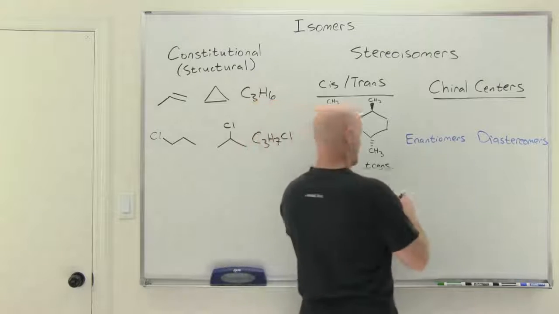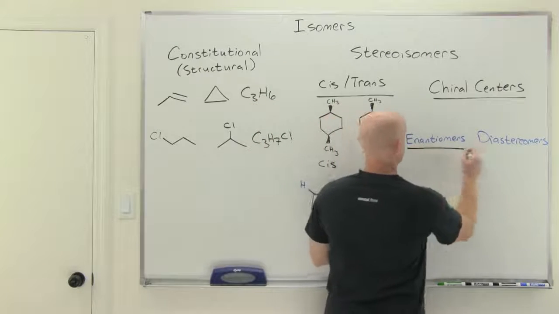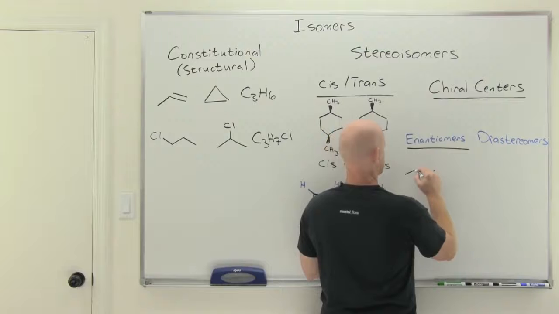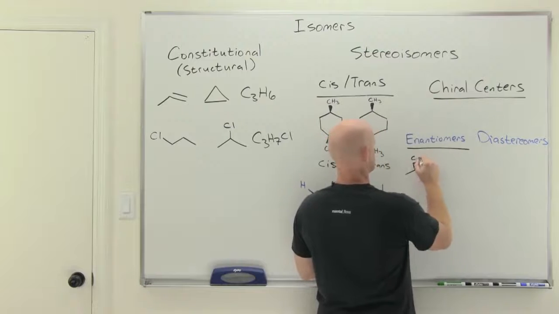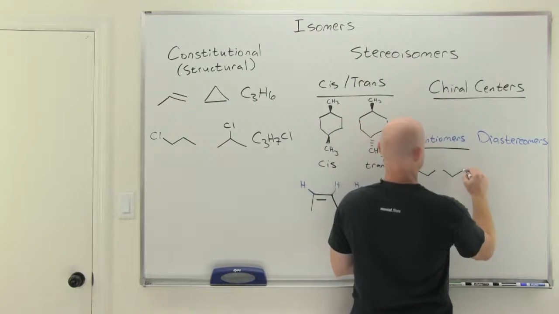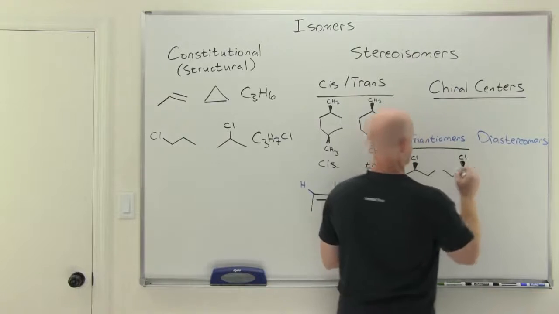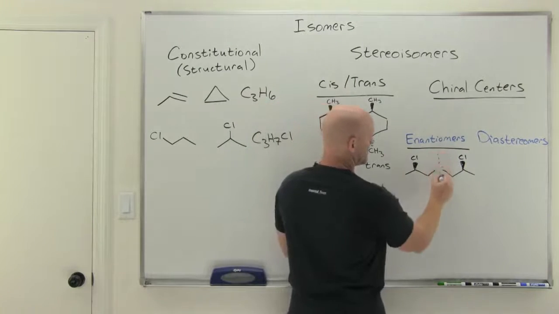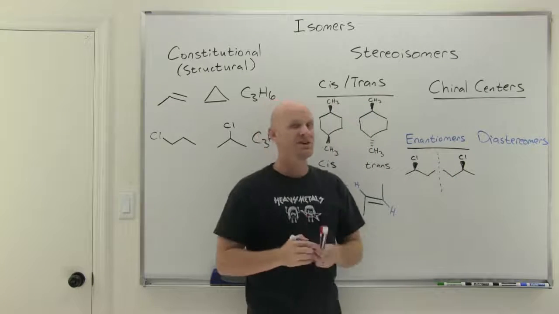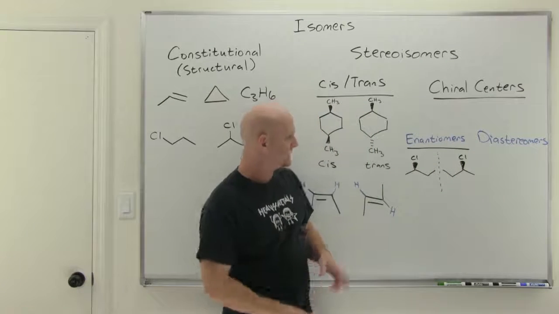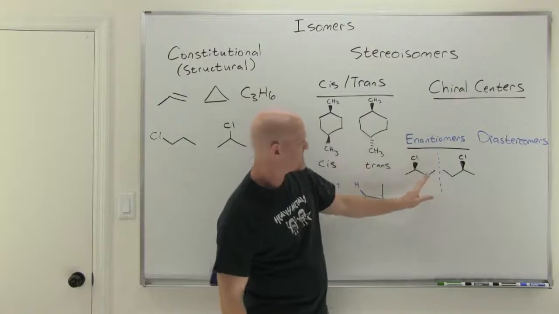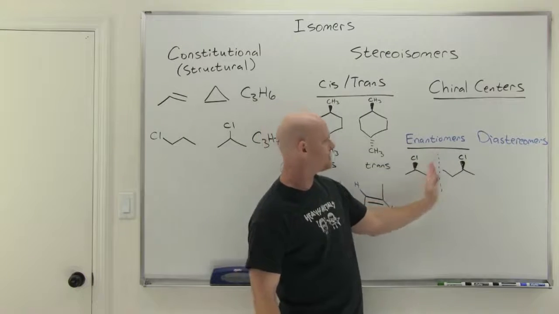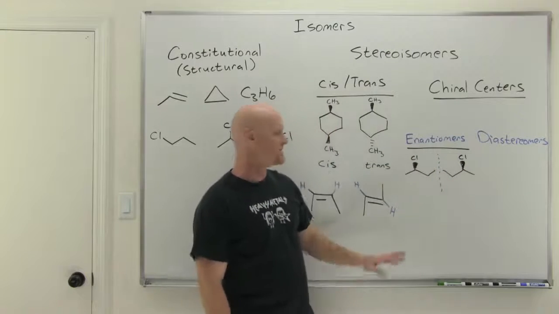So for example, if we take a look at these two right here. I've lined these up across what we call a mirror plane. So you can see that the one on the left is the perfect reflection of the one on the right.